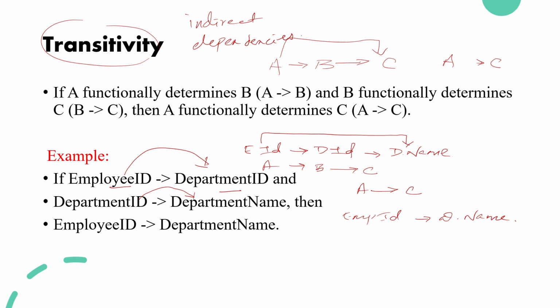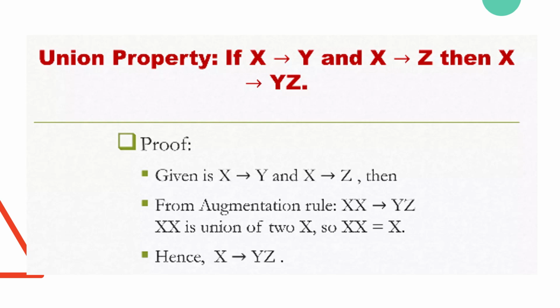Okay, so next we'll move on to the union property. So if X determines Y and X determines Z, then I can tell X determines both Y as well as Z. Understood?